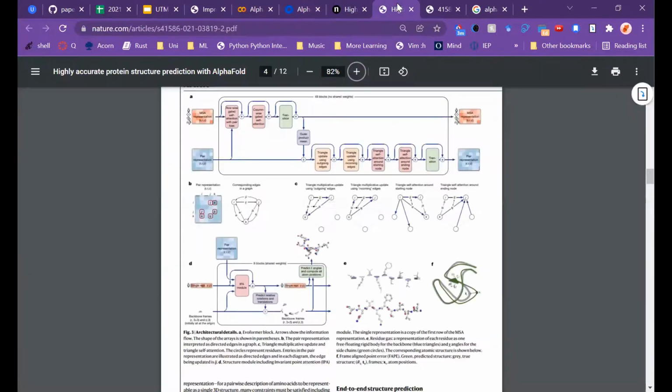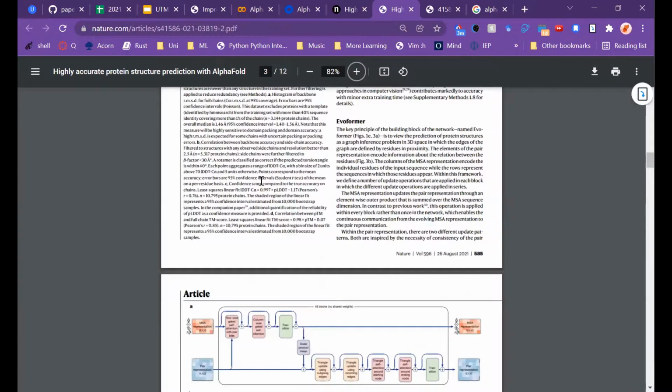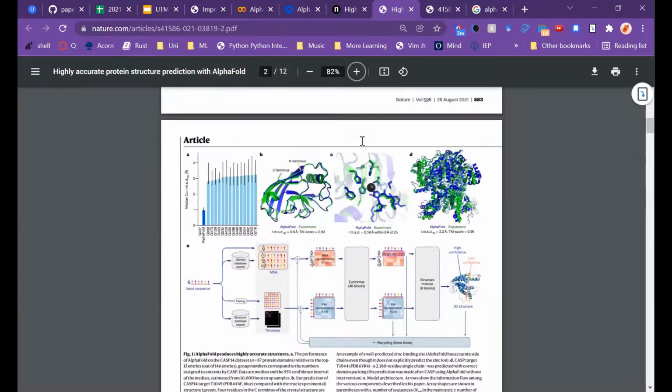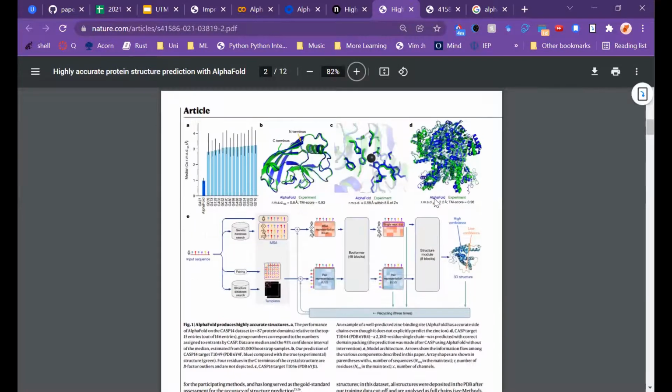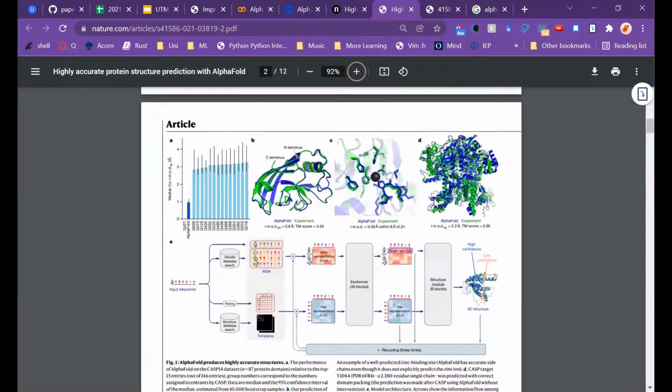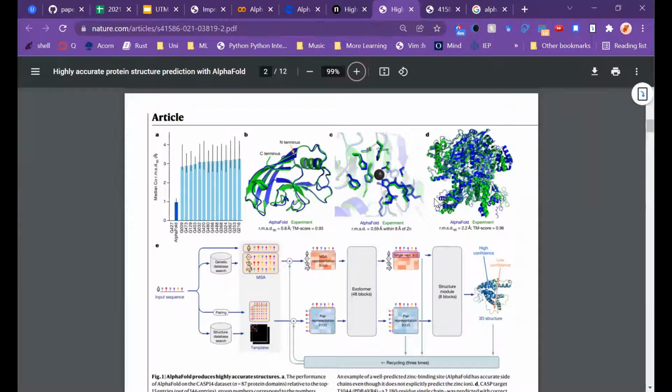At the time, they had one structure assayed in the lab, and that structure was a little different from what AlphaFold had predicted. But then they did it again, and it turns out AlphaFold's prediction was a lot more similar to the second result. At least that's what I remember.